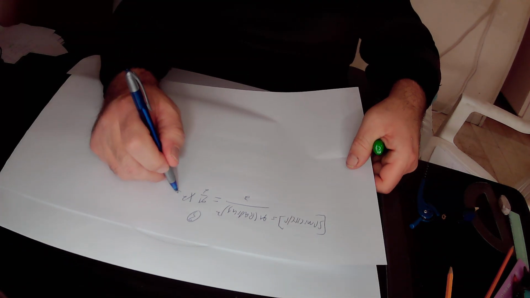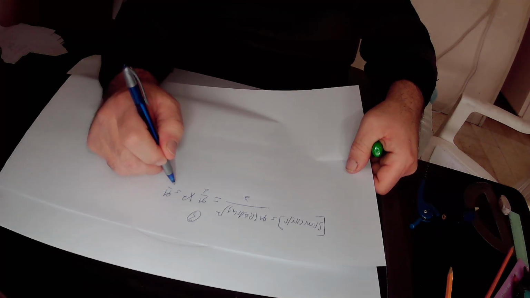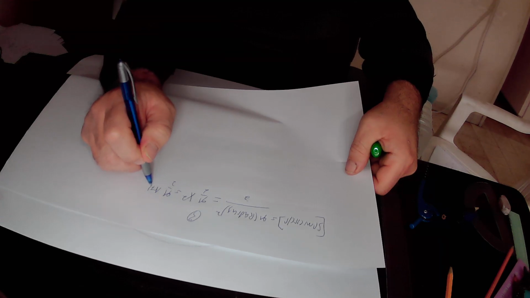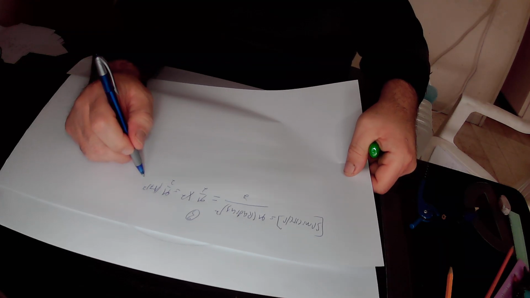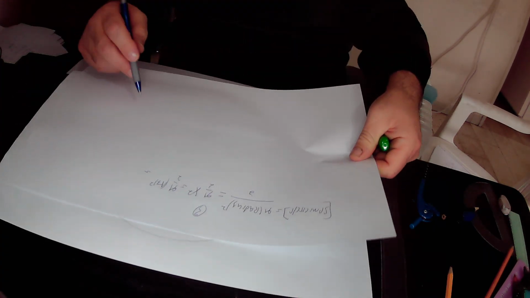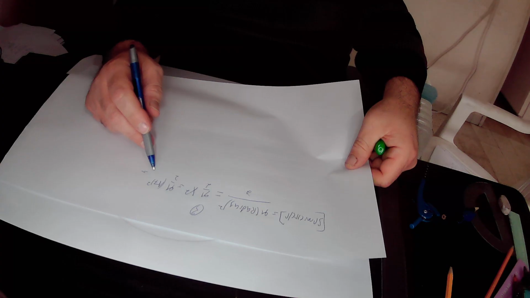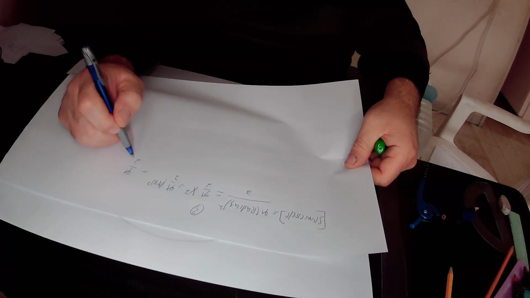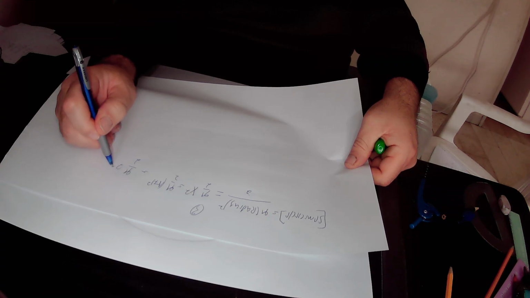So it is pi over 2 times x squared. X is 17, therefore x squared is 17 squared. So the area equals pi over 2 times 17 squared, and 17 squared is 289.